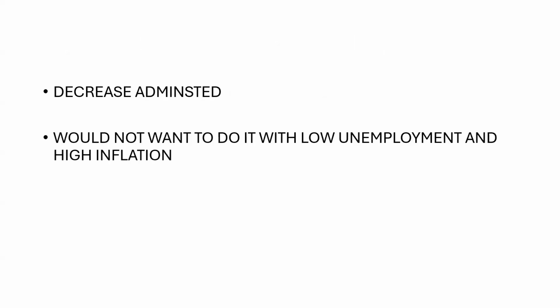12 and 28. By the way, if you were on the review the night before, I did this on the review. For which of the following sets of unemployment and inflation will the central bank be most reluctant, meaning they don't want to do it?